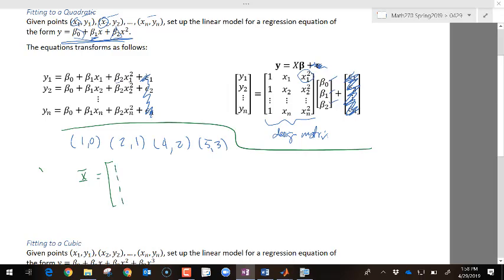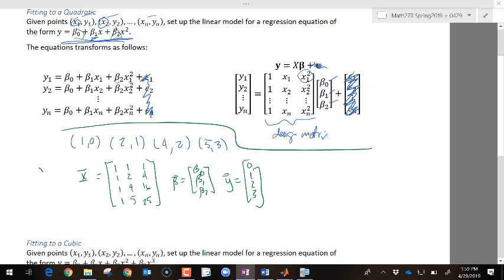The second column is the x's, 1, 2, 4, 5. And the third column is x's squared, so that's 1, 4, 16, 25. That's your new design matrix. And then you still have your same beta, beta naught, beta 1, beta 2, and your y values are still the same as last time, which is 0, 1, 2, 3.